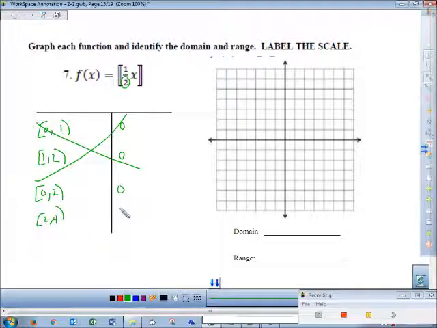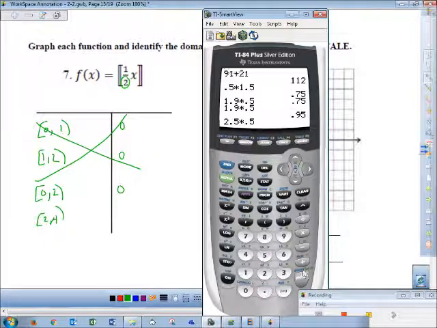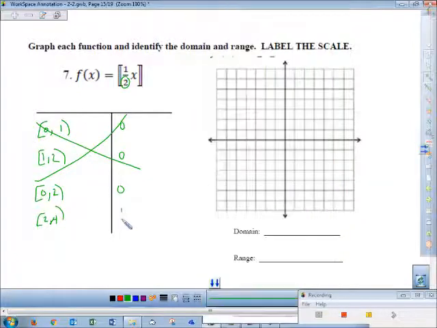Let's put 2.5 in there. 2.5 times a half is 1.25. It's going to round down to 1, right? And then if you go from 4 to 6, you have to go 2 wide on your domain because of that multiplier. It's going to round down to 2.